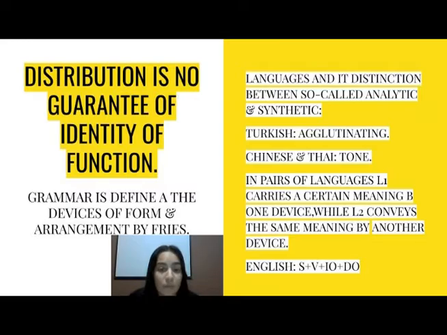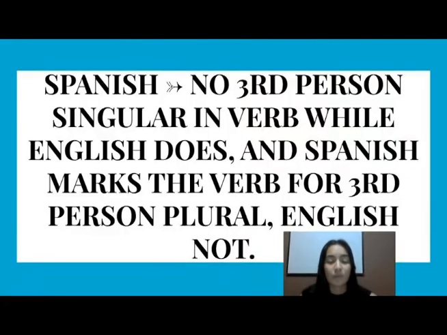If we compare Spanish and English, we can say that Spanish has no marker of third person singular on the verb, while English does. For example, the verb come in Spanish and eats in English. However, Spanish marks the verb of the third person plural while English does not.